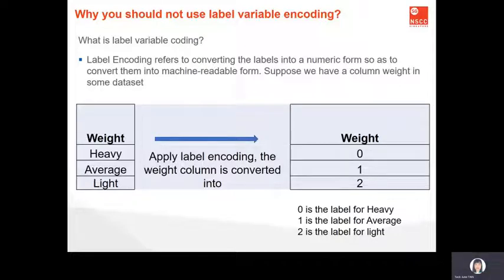Suppose we have a column weight in some data set. The weights have values of heavy weight, average weight, and light weight.